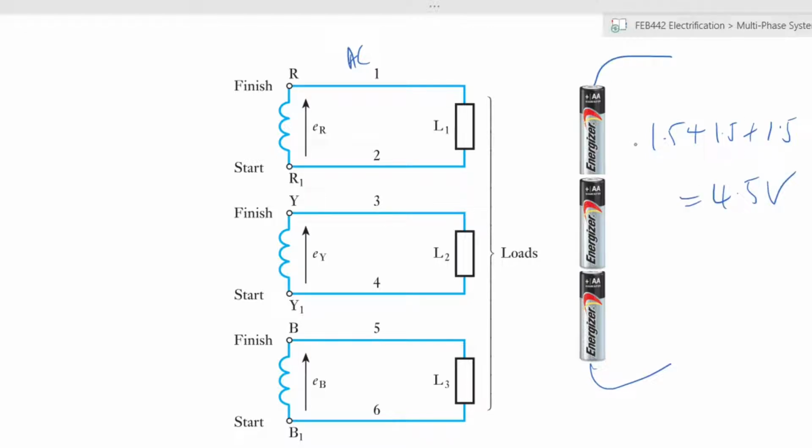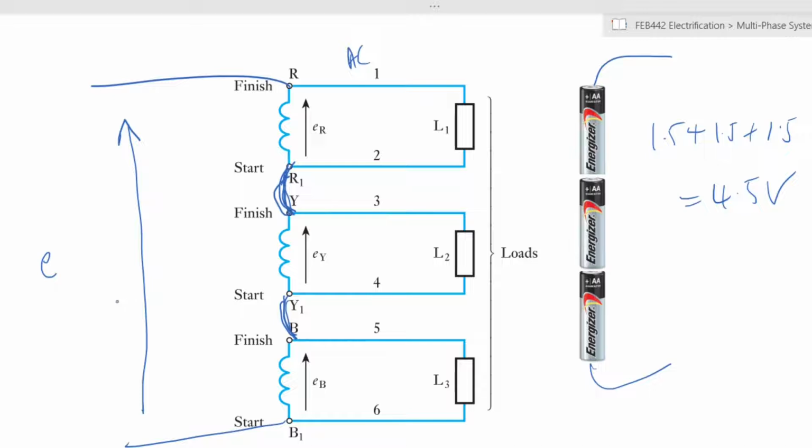And the same kind of principle would apply in the case of three-phase voltages, whereby if you were to add up the three of them, we usually take the start and the finish of each. So the voltage in this case would be labeled EB1R, and that would be the sum of EB, EY, and ER.